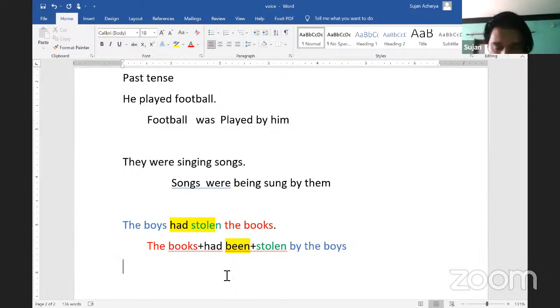The only thing you have to be conscious of while changing active to passive is the use of the verb here. All the rest of the things are given in the sentence itself.